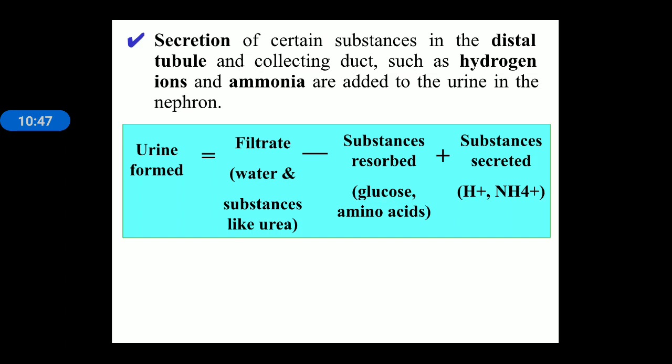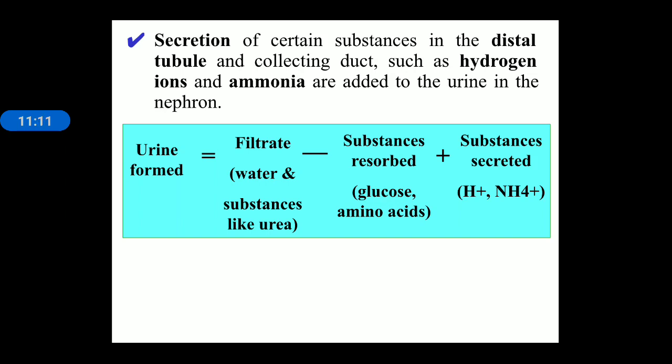Next, secretion of certain substances also occurs in distal tubule or distal convoluted tubule and collecting duct, such as hydrogen ion, ammonia. Urine formation is equal to filtrate. Filtrate means water and substances like urea, minus substances that are reabsorbed.